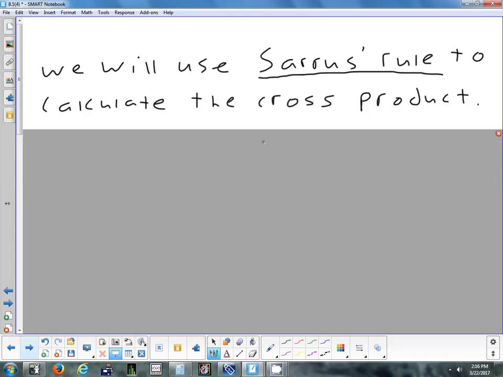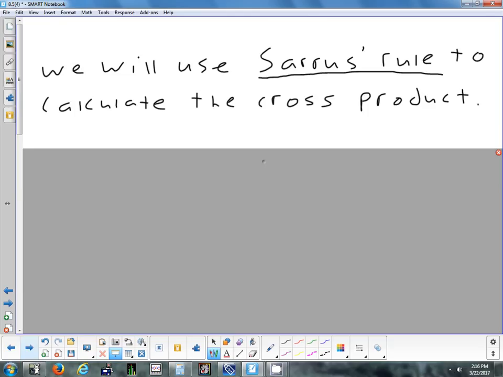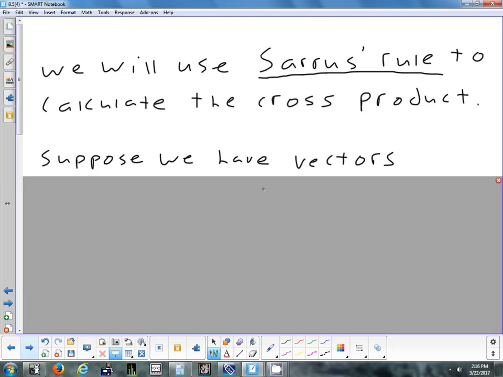There's a lot of different ways to find the cross product. I'm going to give you a way that is probably the simplest way to do it, and it uses what's called Sarrus's rule. Sarrus's rule is basically going to involve setting up all our numbers, kind of like this.